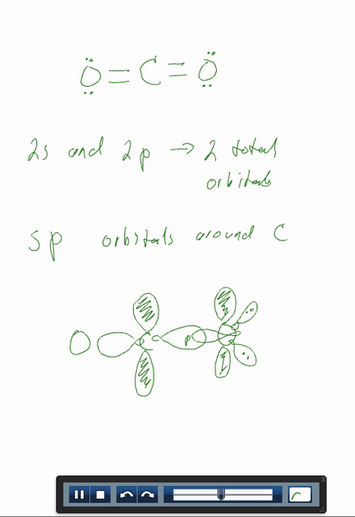But now we have p orbitals left over. P orbitals have this shape, and if we look at oxygen, these are the p's. I'll shade the p orbitals, and these are the sp orbitals here.